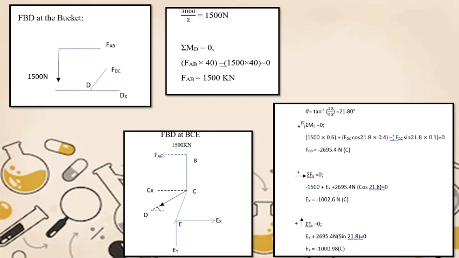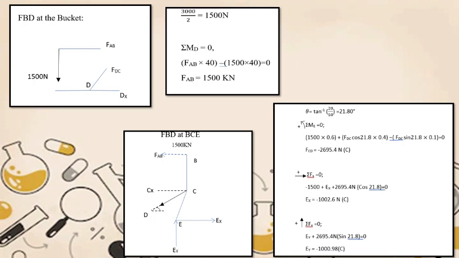So kita ambil EX, and then kita ambil 2659.4 Newton darab dengan cos 21.8, and then kita akan dapat kita punya EX. Kita akan dapat negatif, which is compression, and then after that kita akan buat dekat EY pula.